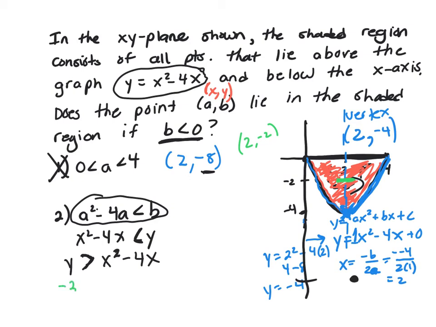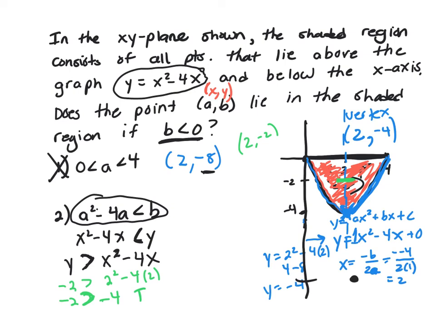That's -2 is greater than, what is x? 2 squared minus 4 times 2 is 8. So it's -2 is greater than 4 minus 8, which is -4. Is that a true statement? Is -2 greater than -4? Yes, it's true. So you want to shade the side that makes it true. That ordered pair, (2, -2), gave you a true statement.